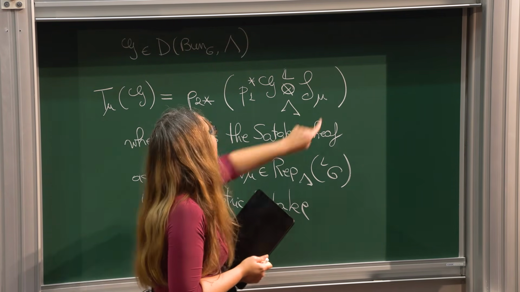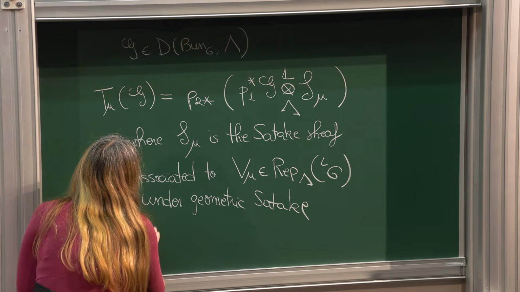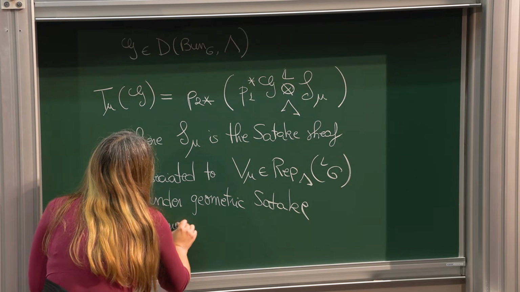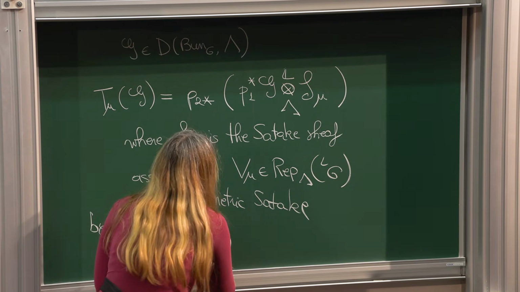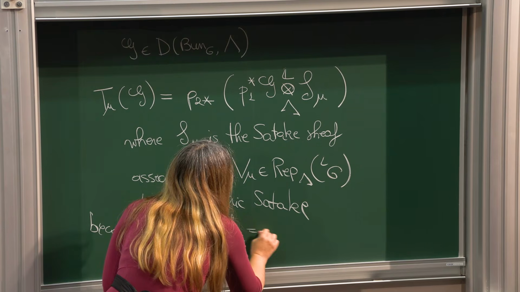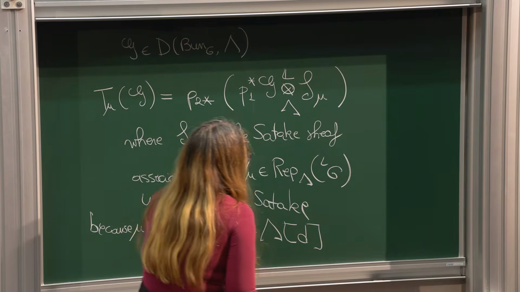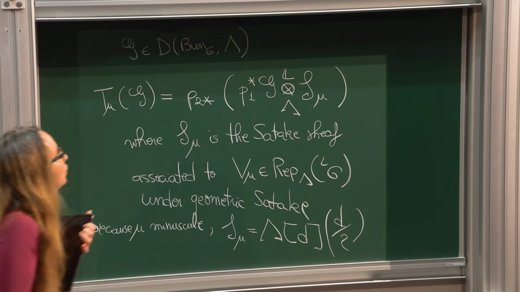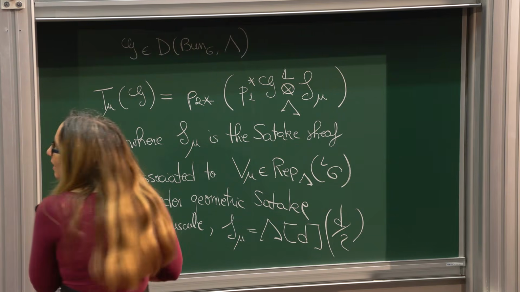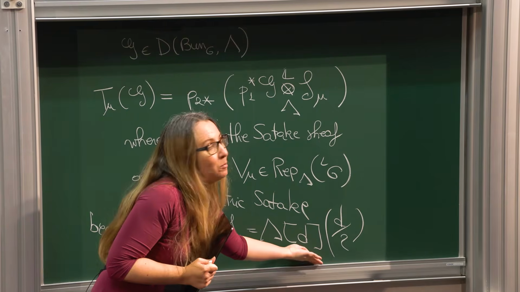But because our mu is minuscule, this geometric Satake sheaf has a nice form. S mu is just lambda with a shift in dimension by d and a Tate twist by d over 2. Okay, so d was this dimension, and you see this shows up here.